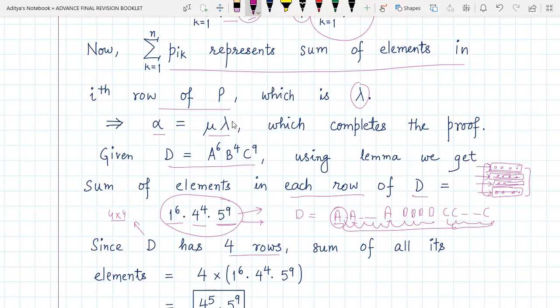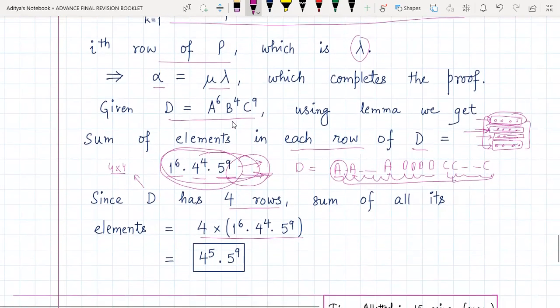But all these are constants. Sum of elements in this row is this particular quantity, and in this row it is again this quantity. So basically it will become 4 times this quantity, which will give us the final answer as 4 power 5 into 5 power 9, which basically represents the sum of all the elements of matrix D.